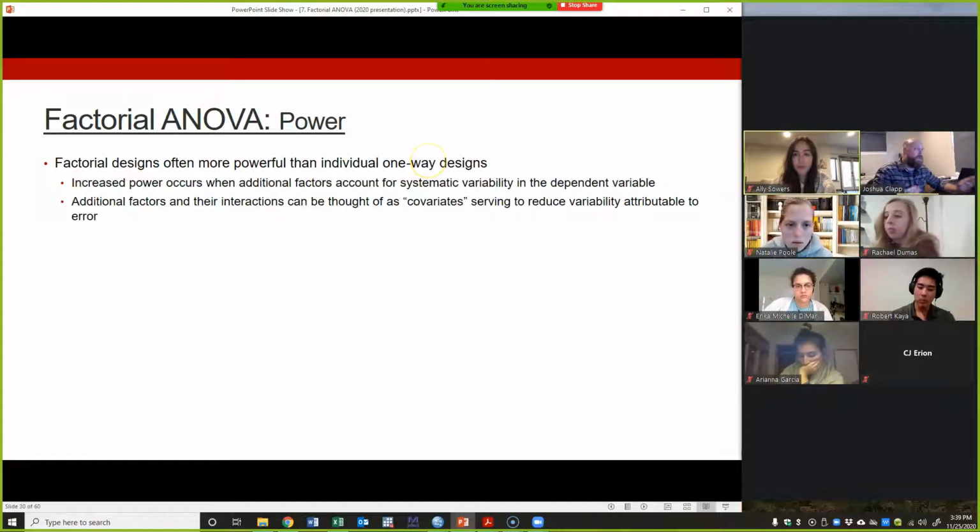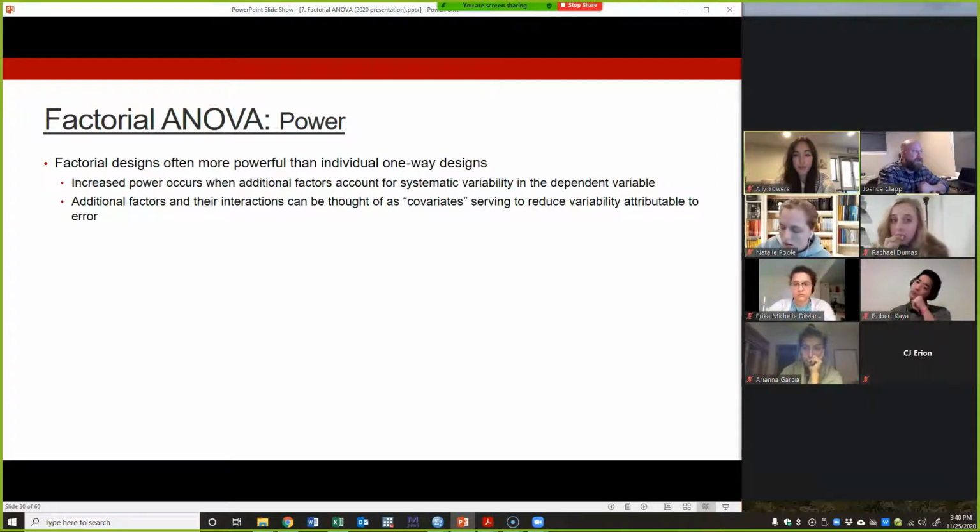Okay. One thing we want to talk about real quickly is power. What we find is that our factorial designs are often more powerful than our one-way designs. And this increased power comes from the fact that with factorial designs we start to shrink down the error variability in my outcome.